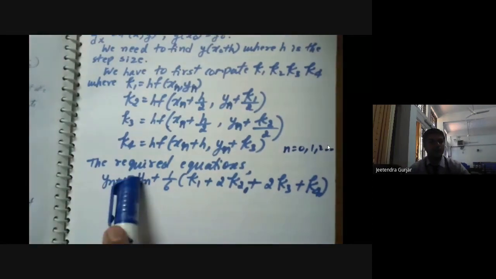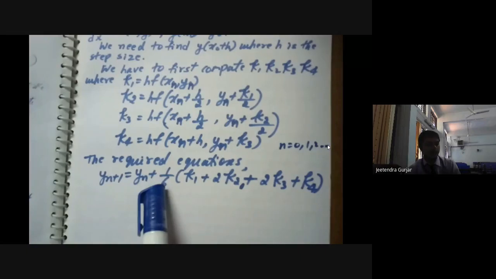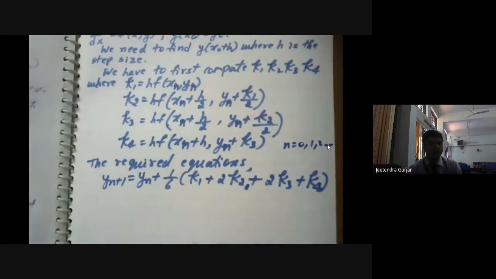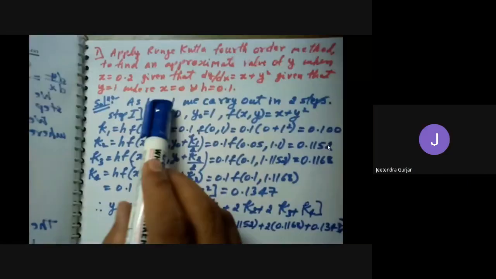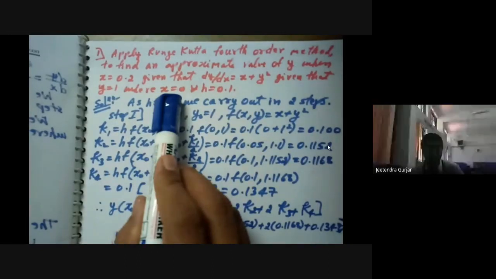So we'll go immediately to the example, a very important example. So this is the example. What is given: h is 0.1. This is carried out in steps, as you already know. Remember, initially x will become 0.